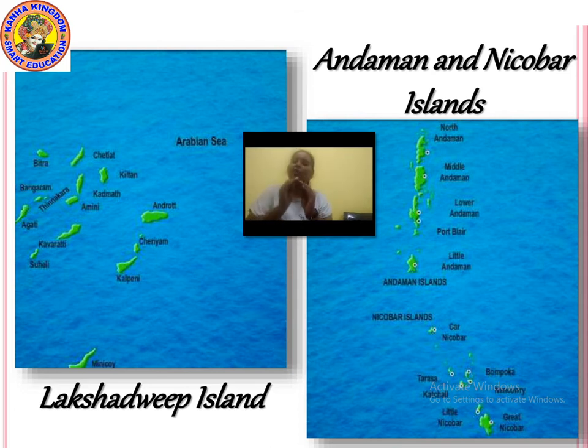So very small groups of islands are found in this region. Lakshadweep Island is related to the Arabian Sea, and the Andaman and Nicobar Islands lie in the Bay of Bengal to the east of India.